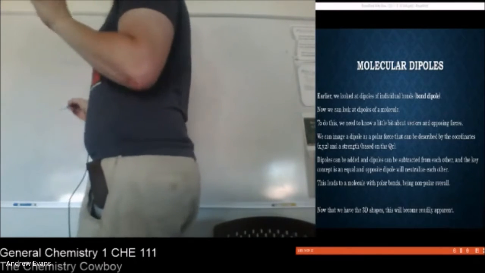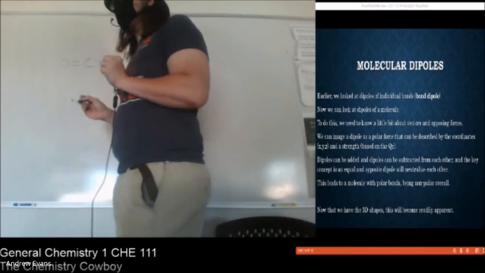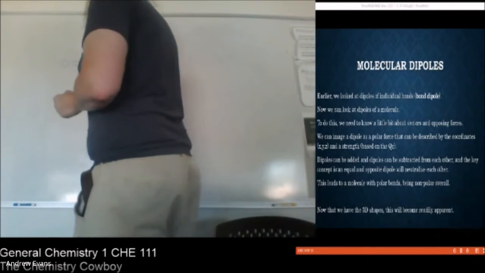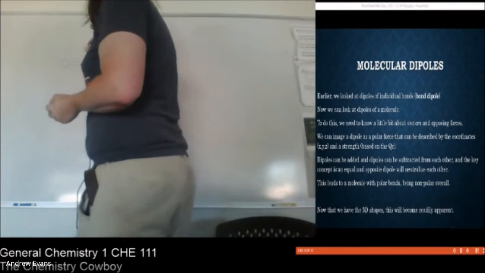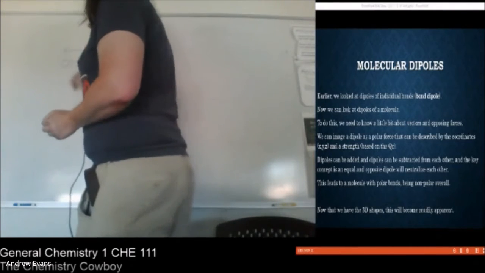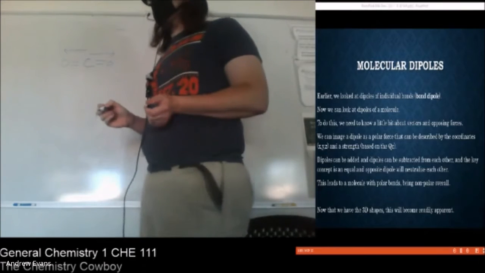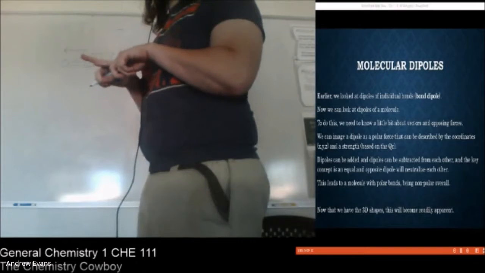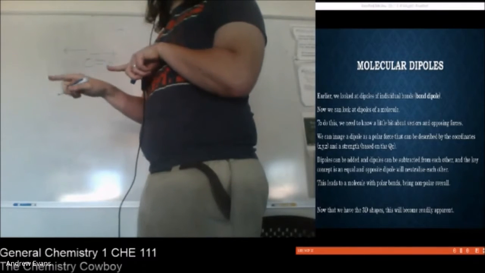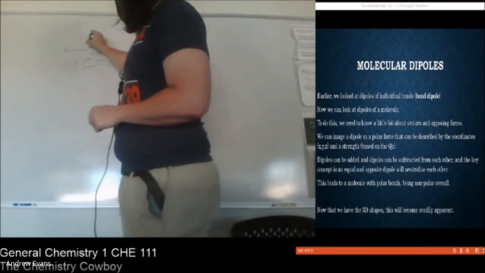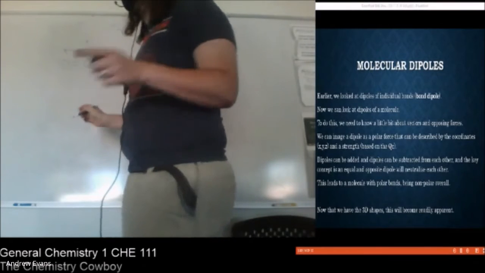C is two atoms to the left of oxygen, meaning the oxygen is pulling electrons from the carbon. But because this is linear, this oxygen is pulling electrons from the carbon in the other way. Because it's linear, they are pulling net opposite. And so the net dipole is 0. They cancel each other out.